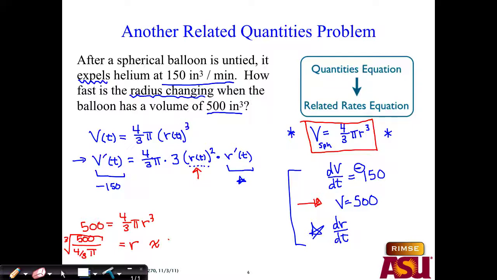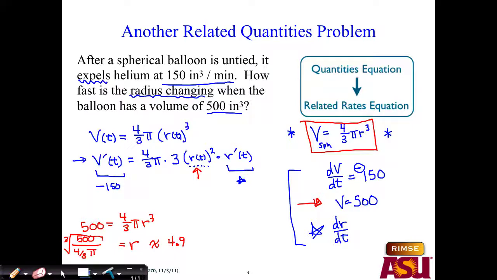That's not something that I'm going to estimate by hand, but when the volume is 500, the radius is about 4.9, a little bit less than 5. So if the last line, how fast is the radius changing when the balloon has a radius of 4.9 inches, that would make it more directly like the last problem we did. It had an easier sort of given information. But other than that, this question is pretty much like the last one.